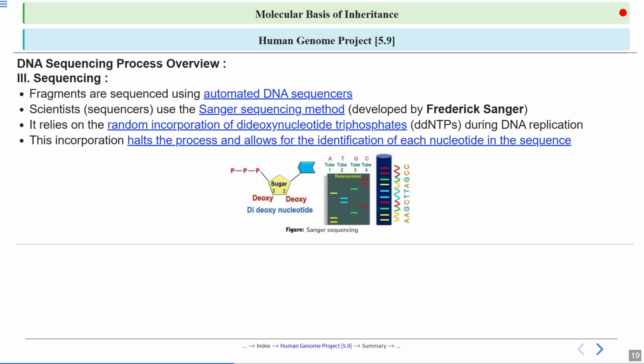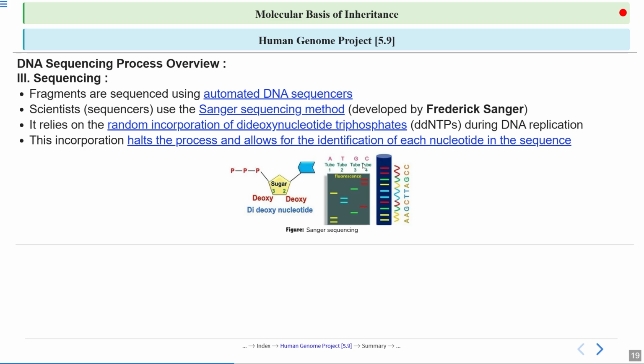The fragments are then separated by size using gel electrophoresis, which you can see in this figure, because I told you there will be four tubes, each with its specific ddNTP for A, T, C, G. As the DNA polymerase synthesizes a new DNA strand, occasionally a ddNTP is incorporated instead of a dNTP, causing the strand to terminate, and that's why it results in DNA fragments of various lengths, each terminated by a specific ddNTP.